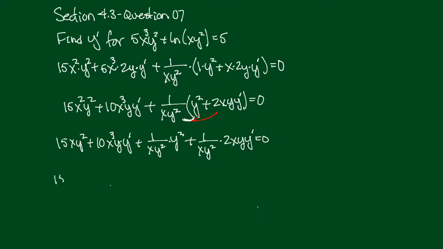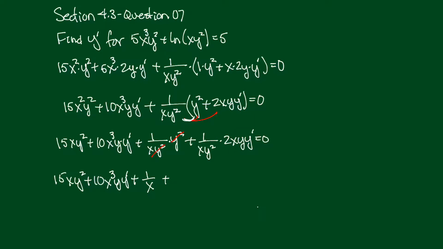So, start it again here. 15xy squared plus 10x cubed y prime plus, now what happens here? The y squareds are going to cancel, right? Those y squareds cancel, and we just get 1 over x plus, now what happens over here?